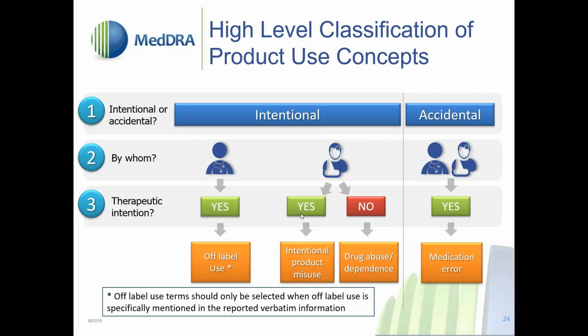If you have more specific information about the medication error, you'll find many very specific terms in MedDRA that do not only capture the accidental nature of the incident, but also more details like accidental dose deviations, accidental schedule deviations, etc., etc. So this is just a rough chart in order to roughly classify these incidents. It's not a coding recommendation, of course. There are many more very specific terms in MedDRA for these different concepts.